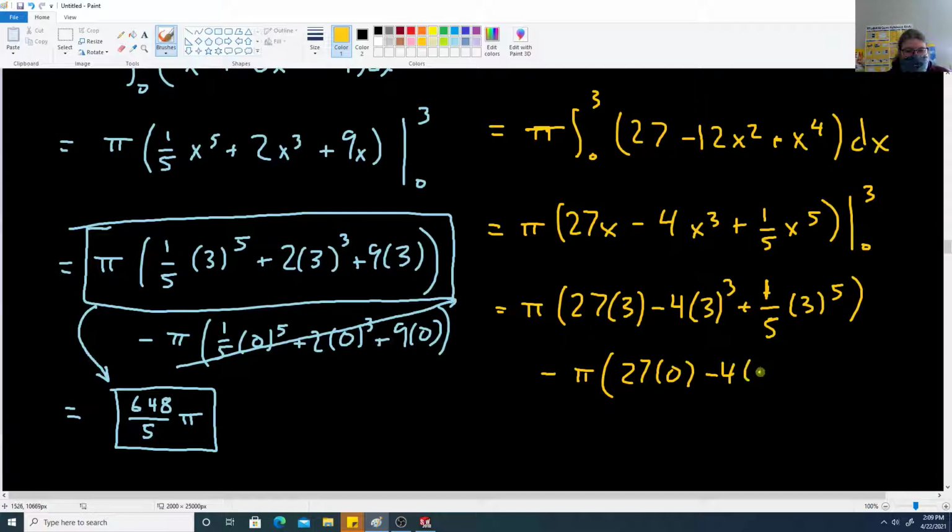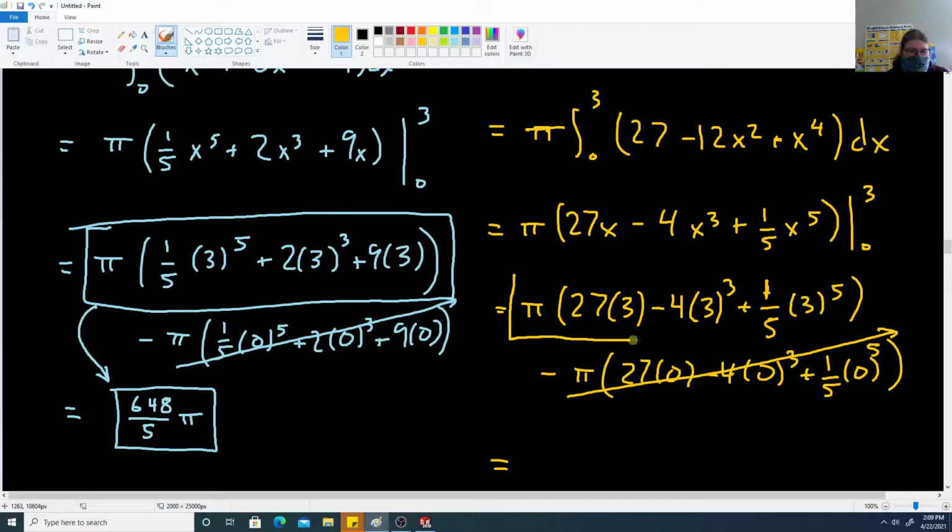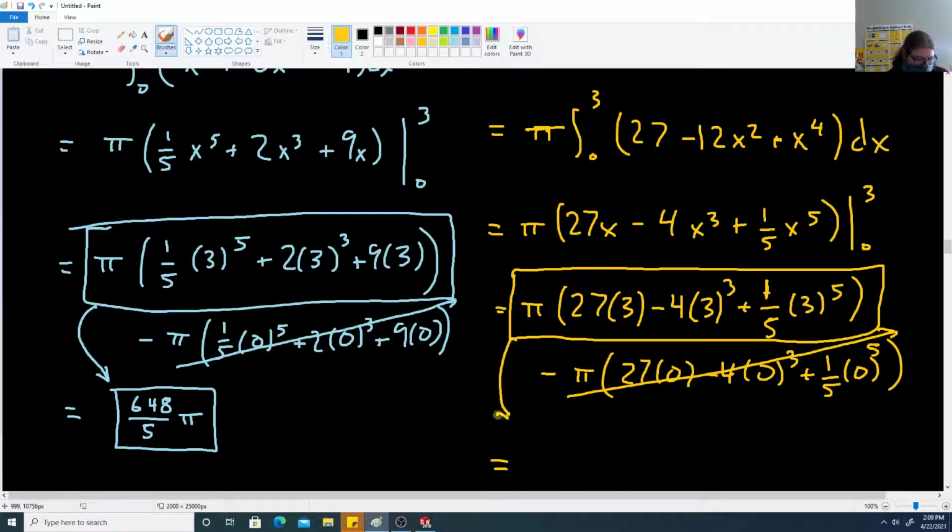If you look at that, the way the zeros fall, the second term is all going to be 0. And if we total this up, if I type that in a calculator, or work it out by hand, that ends up being 1188 over 5 times pi.